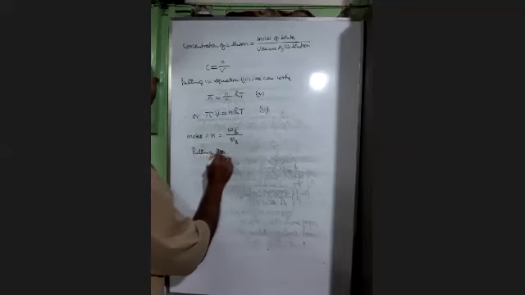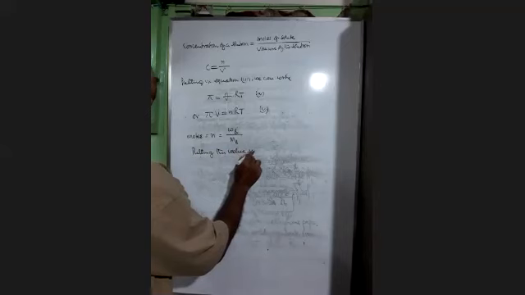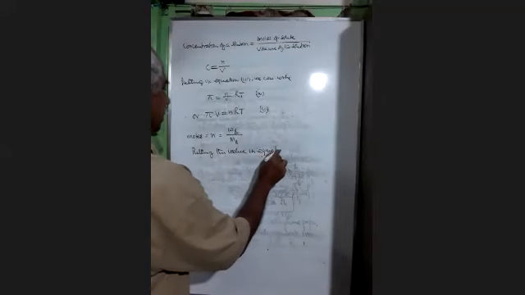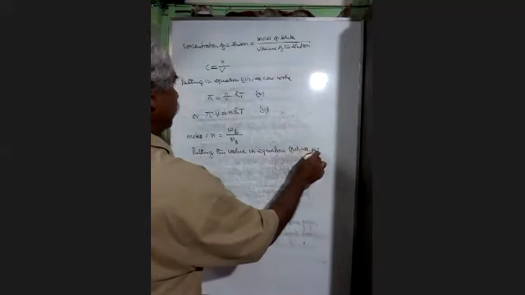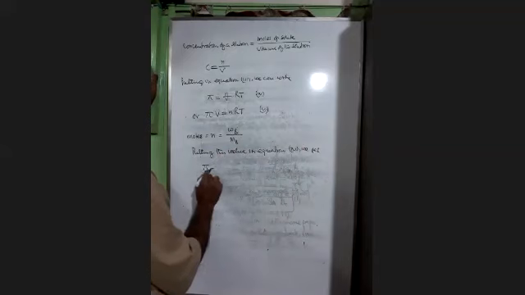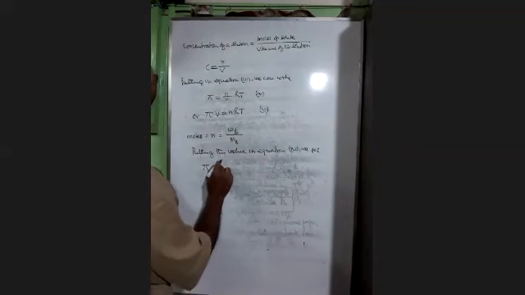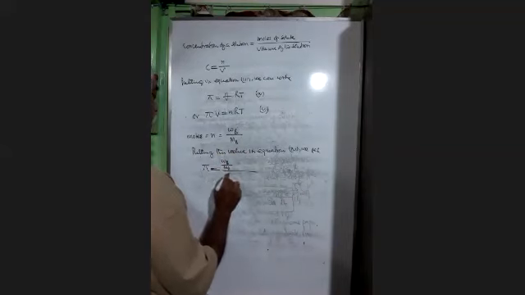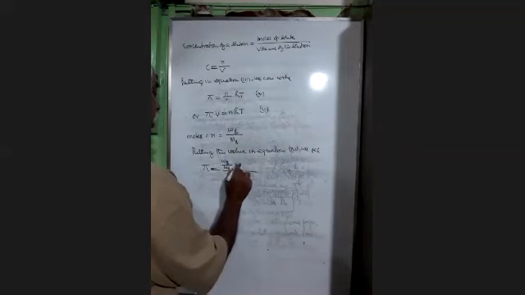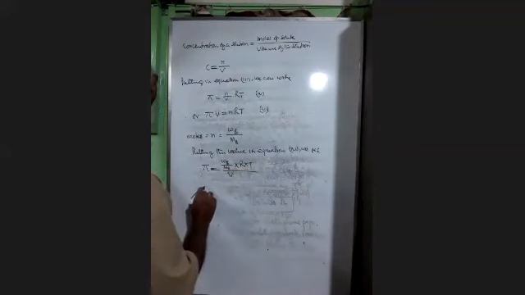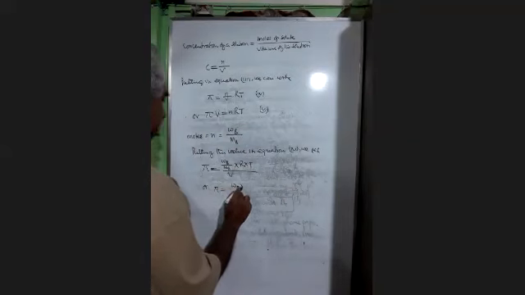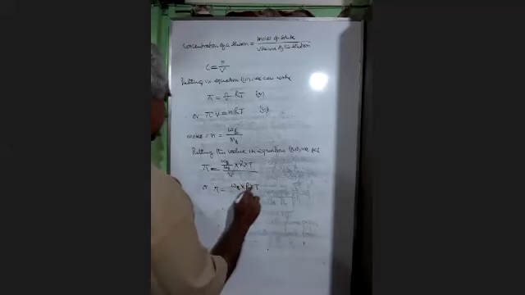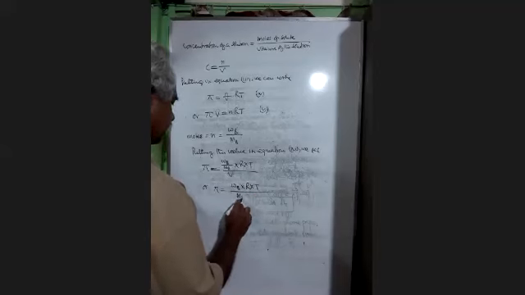Putting this value in equation 4, we get pi is equal to WB by MB, V into R into T, or pi is equal to WB R into T divided by MB into V.